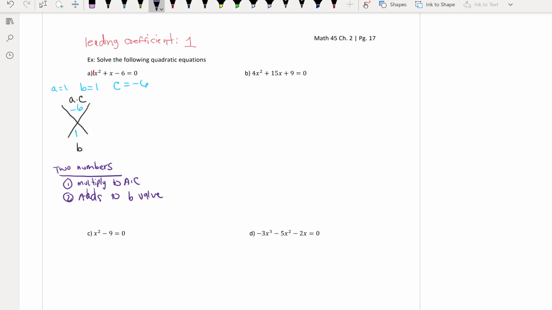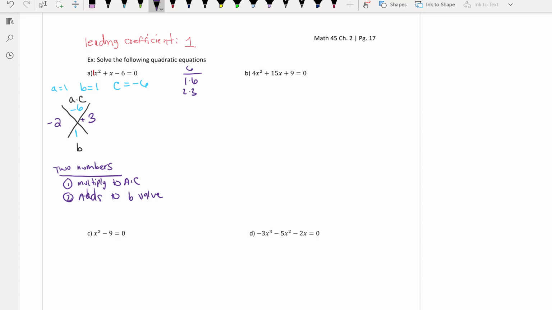So let's think about all of the factors of 6. I have 1 times 6 and 2 times 3. So here, to get our 2 numbers that multiply to A times C and add up to the B value, well, 2 times 3 could give you a negative 6 and adds up to a positive 1 if the 3 is positive and our 2 is negative.